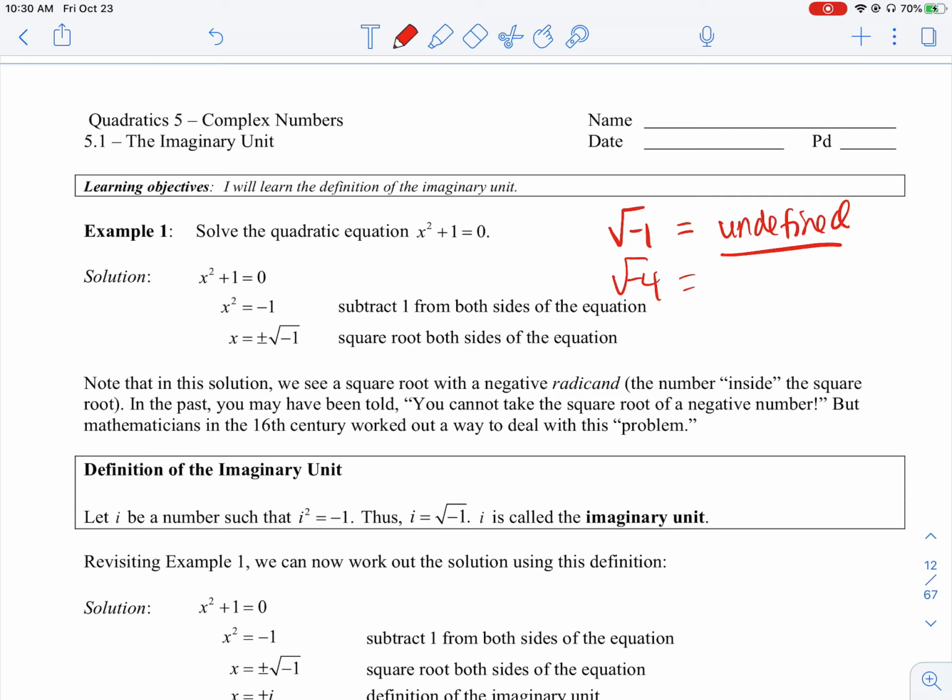That's the reason why when you were in middle school or maybe in elementary, you were told that you cannot take a square root of a negative number. But sometimes we have equations where we're going to end up with a square root of a negative number, and we call that the radicand, the number inside the square root. And what do we do then?